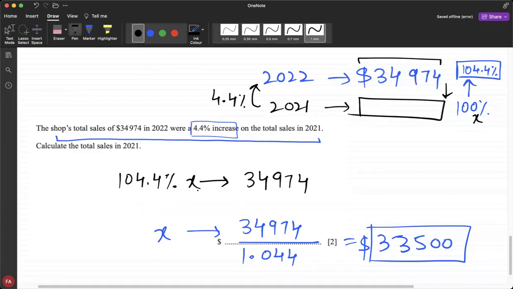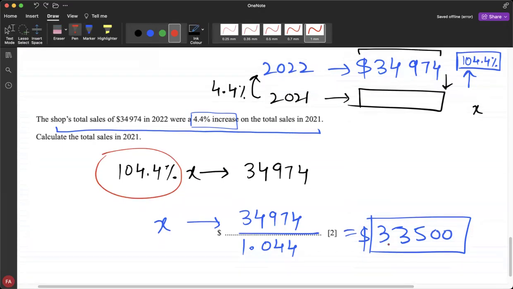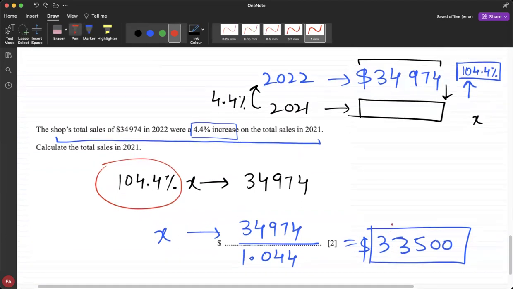If that is the case, what does X represent? X represents 2021, right? So I can divide all of this into my denominator. That's what I did, which ends up giving me 33,500. Now, logically, start thinking about it. Don't you think 33,500 is a 4.4% increase? So I hope this question is clear. If not, we'll have a look at some more questions.